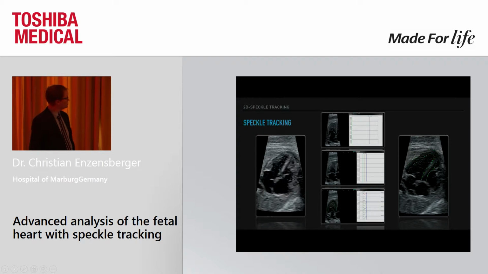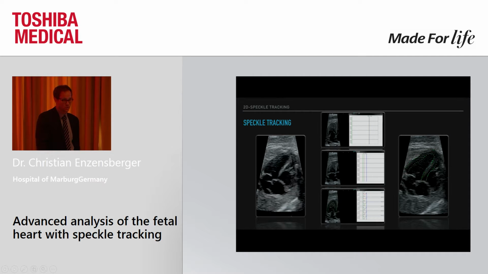And as you can see quite well on the screen, it's a very high contrast picture. You need this because the detection of the speckles works much better than if you have a very smooth picture.